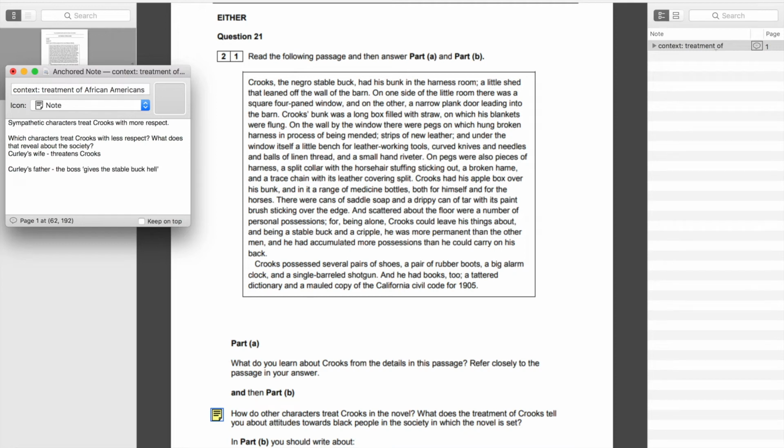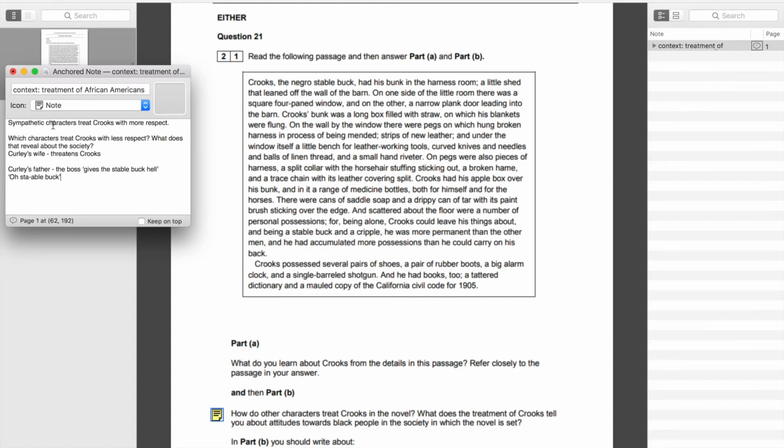When Candy is talking about him, he says that, well, because Crooks is a racial slur, the boss gives him hell. And then we also have that episode shortly after that where people are calling him in a sing-song taunting voice, "Oh, stable buck," which represents that idea of disrespect, of poor treatment.